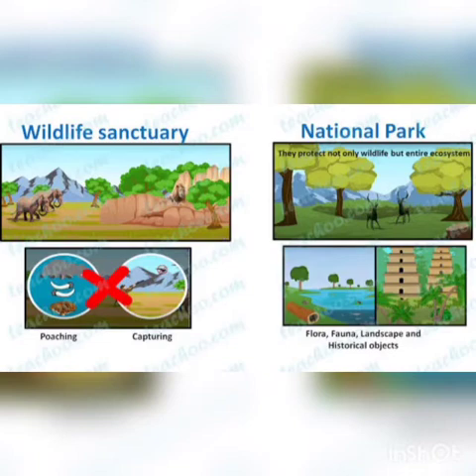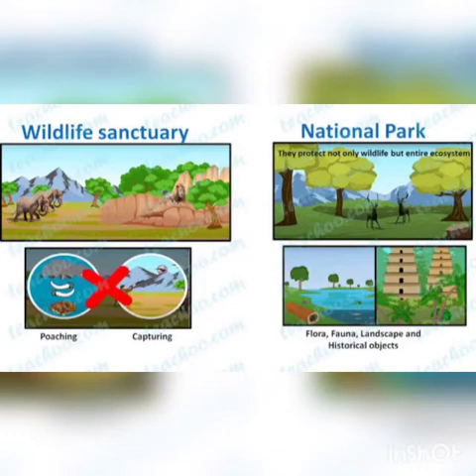But when you talk about a wildlife sanctuary, that is a protected area like national parks, but the conservation is for animals only. But harvesting of timber, collection of products and private ownership rights are allowed here, but it is not allowed in a national park.